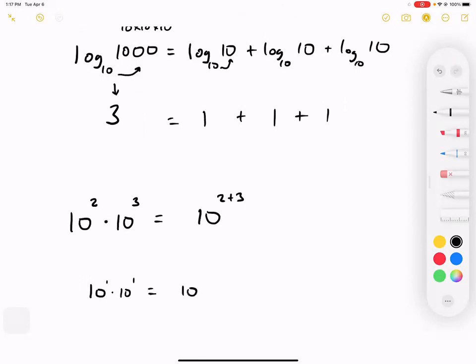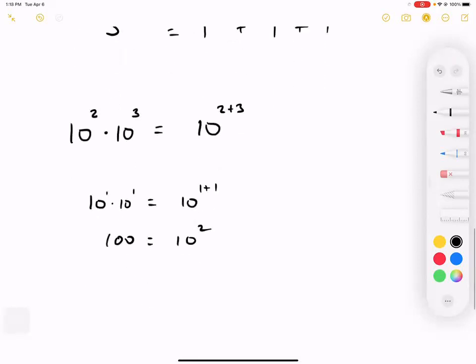Isn't this just 10 to the 1 plus 1? If I'm multiplying on the outside, I'm really adding on the inside. Wait, if I'm adding on the outside, I'm multiplying on the inside. So this rule of adding and multiplying is actually what we've learned before. But logs specifically deal with exponents. So you can see here, I'm multiplying answers, I'm adding the exponents.